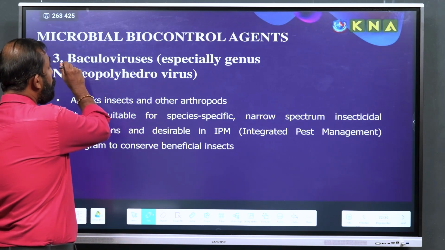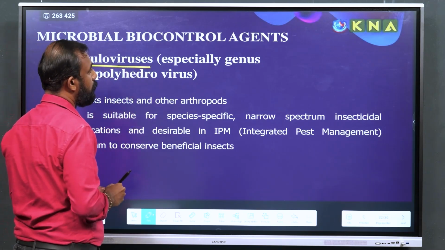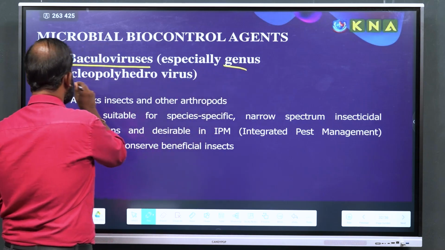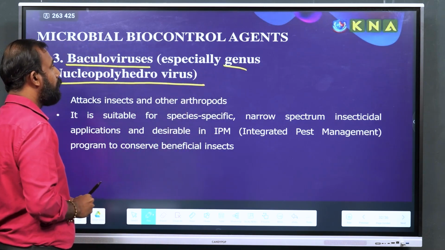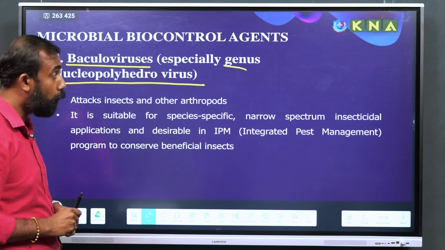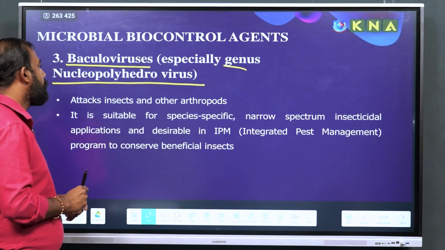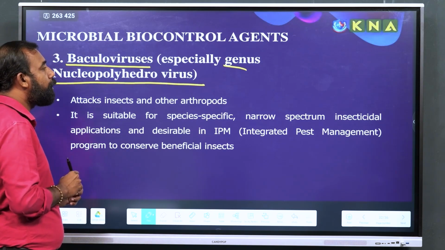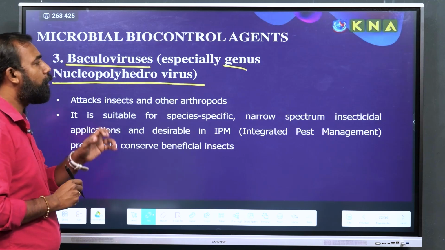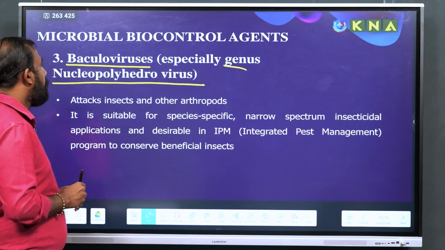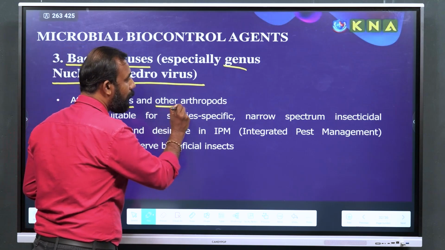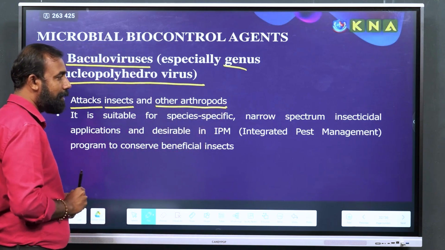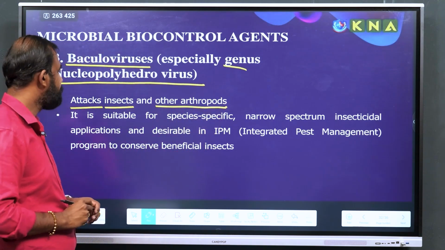Next, baculovirus, especially the genus Nucleopolyhedrovirus. Very important. This baculovirus attacks insects and other arthropods.